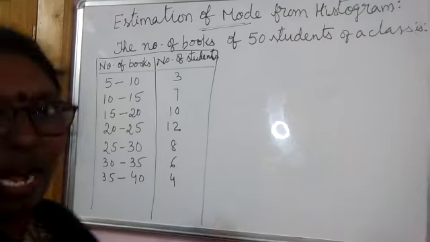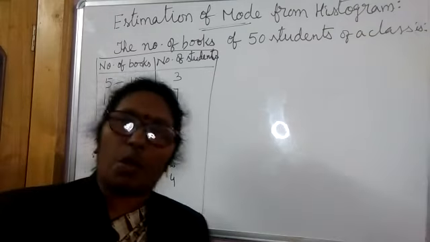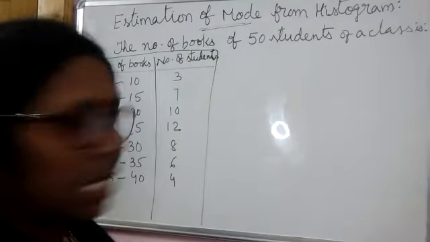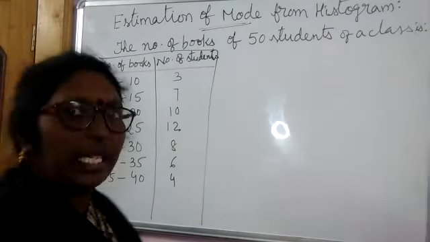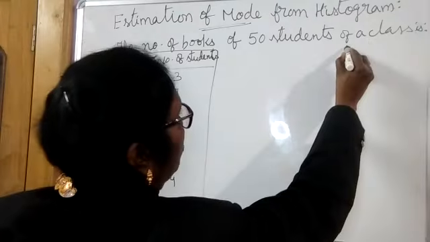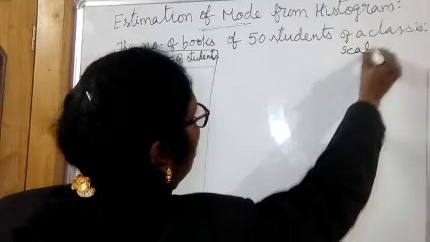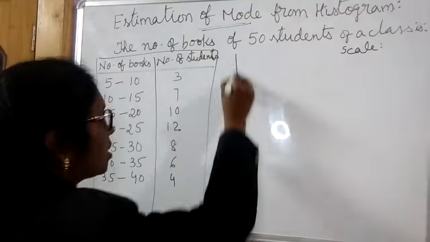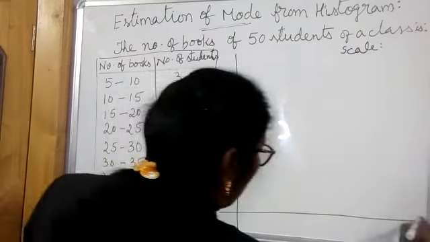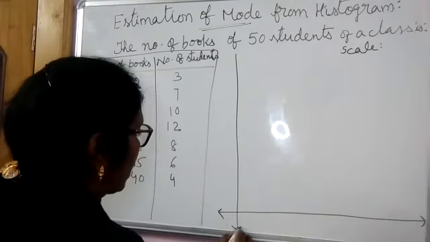For any graph, the first thing you have to do is take the scale. It is good to take the scale towards the right top of the graph paper. I will make a graph. Draw a vertical line, the y-axis, and a horizontal line, the x-axis.